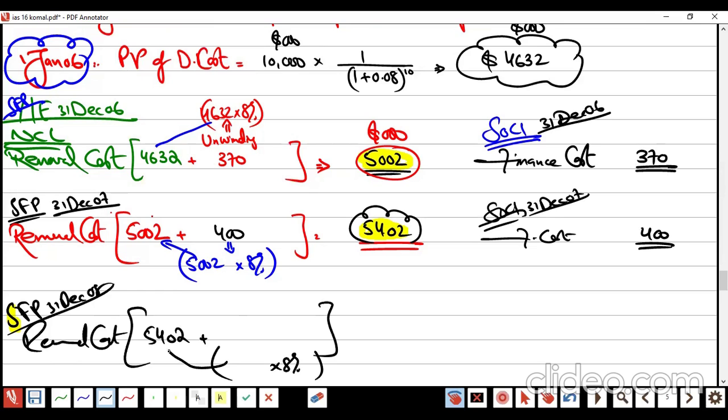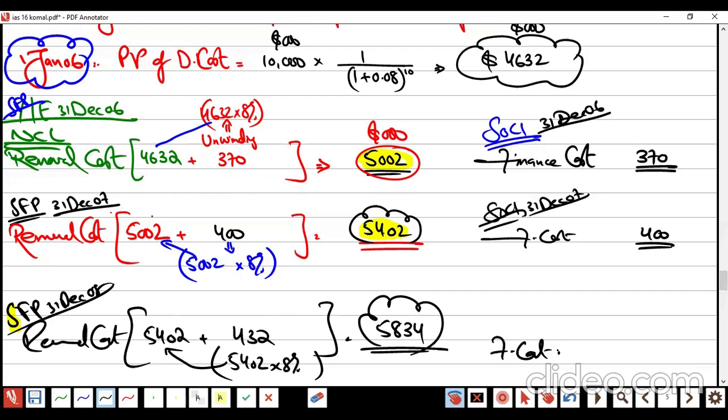Am I right or wrong? 432. Our answer is 5834. The finance cost in profit and loss is going to be 432. You are witnessing the removal cost increasing a little.